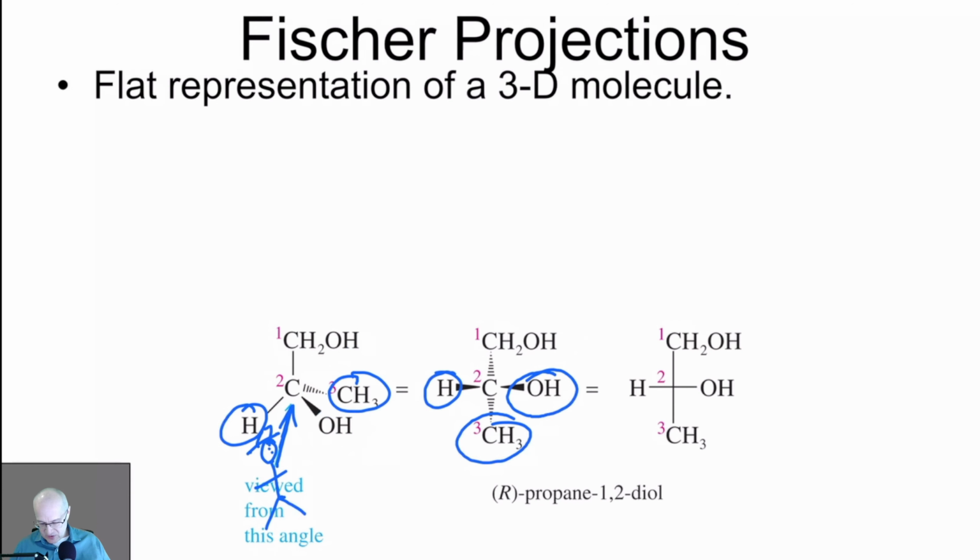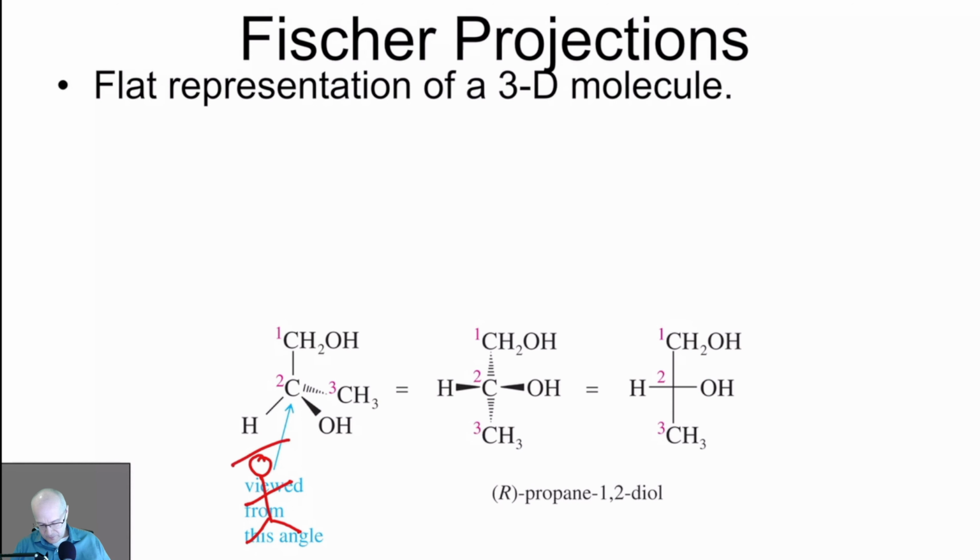Let's do that again. Let's just get rid of all this noise and do it again. So we're standing here. And when we look through this carbon atom right here, the first thing we're going to notice is that coming towards us is an OH on our right and a hydrogen on our left.